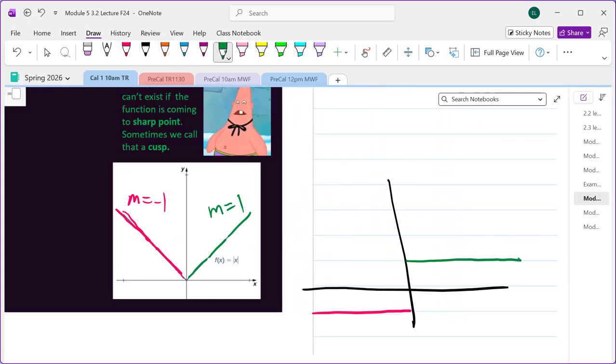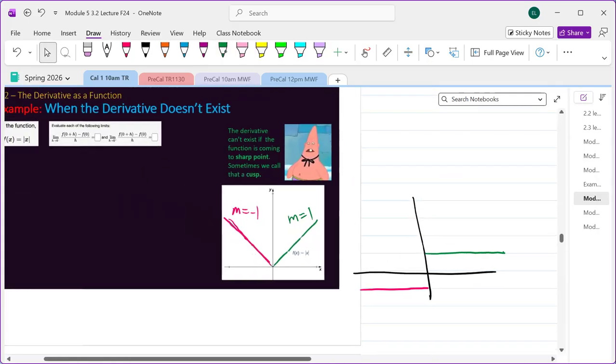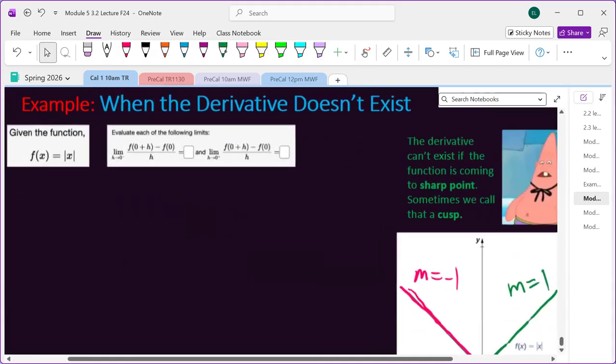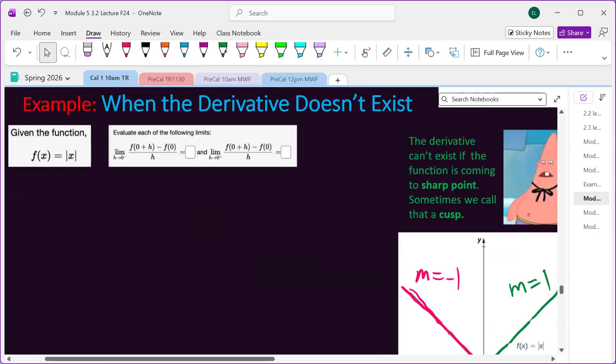But the question is, what's the slope at 0? So we're going to look at these two individual limits. So we're looking at our limit, our derivative at 0, but we're looking from each side.